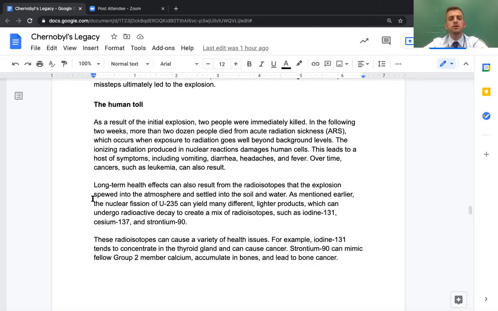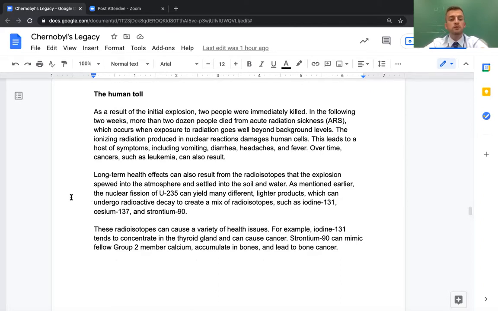Long-term health effects can also result from the radioisotopes that the explosion spewed into the atmosphere and settled into the soil and water. As mentioned earlier, the nuclear fission of U-235 can yield many different lighter products, which can undergo radioactive decay to create a mix of radioisotopes, such as iodine-131, cesium-137, and strontium-90.